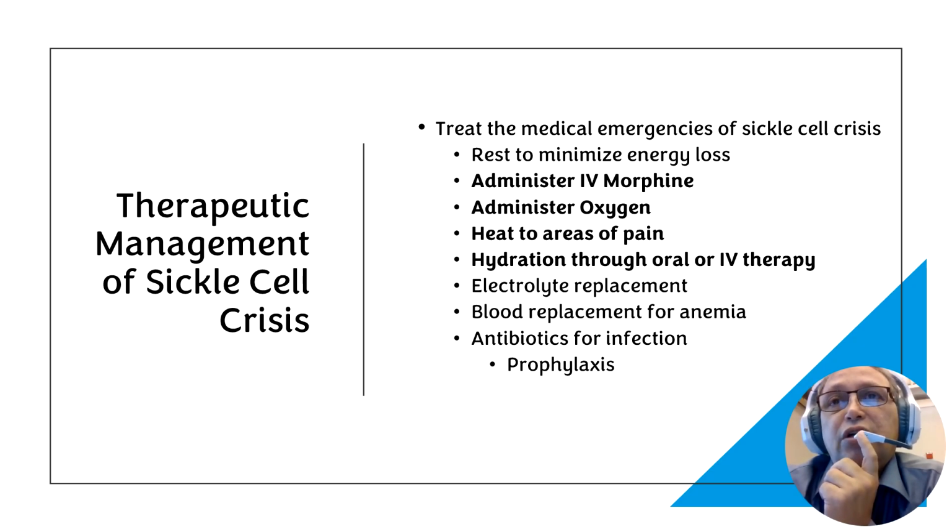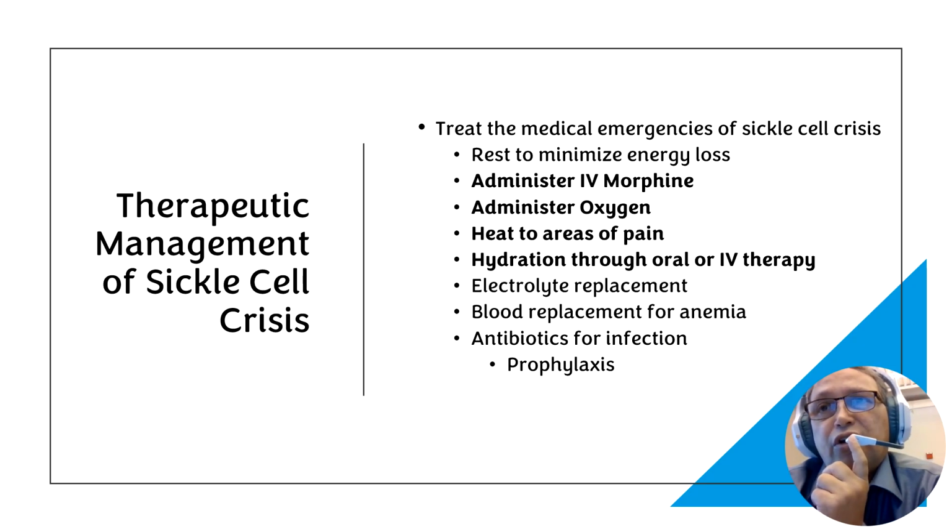Hydration through oral or IV or both. Again, we need to dilute the cells out so that we can get things moving again. Electrolytes, because we have diminished a great many of them because of the crisis. Blood replacement for anemia. Remember, we're talking about the hemolytic nature of some of these crises. If you don't have red blood cells in there, we've got to put some in there fairly quickly. Antibiotics for infection and sometimes even prophylactic.